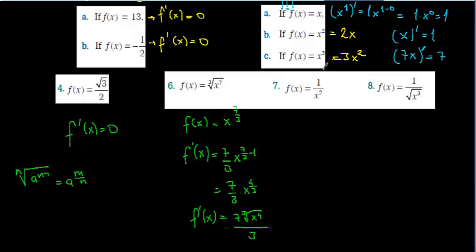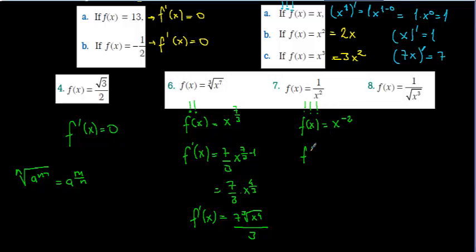What about this one? Here we have 1 over x to the power of 2, and this is not a natural number power either. f(x) is equal to x to the power of minus 2, and we have to be careful here also, because the power is a negative number.